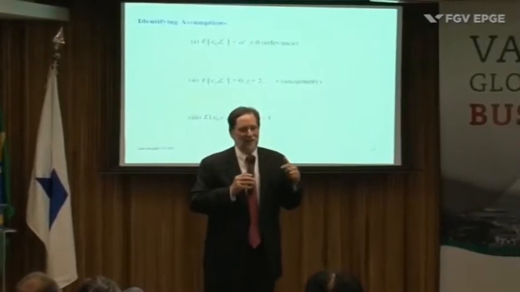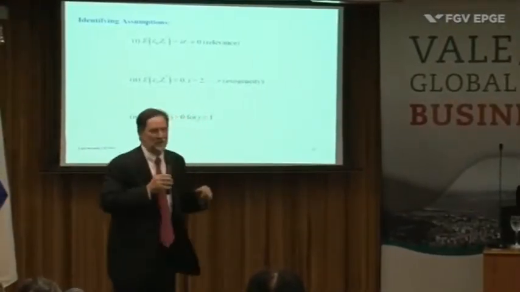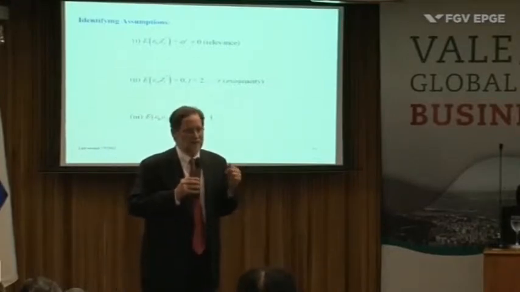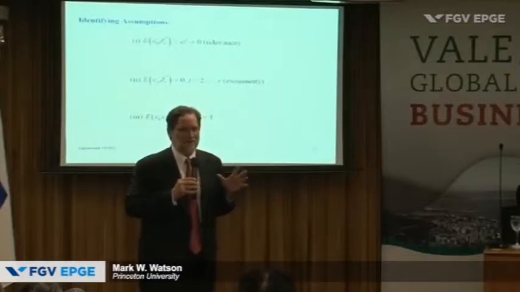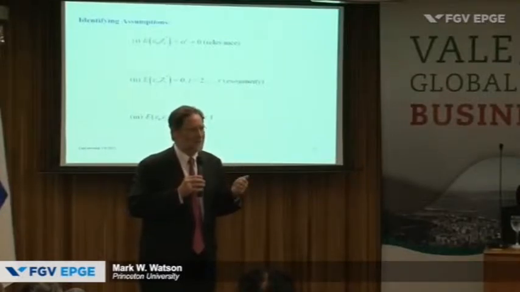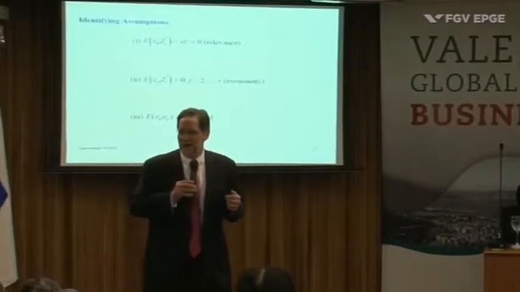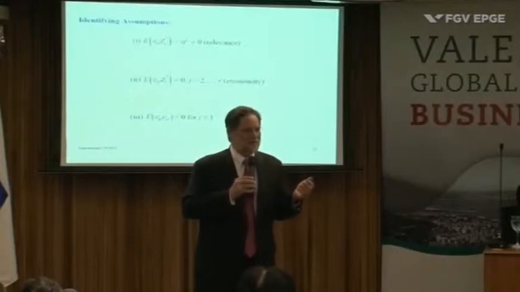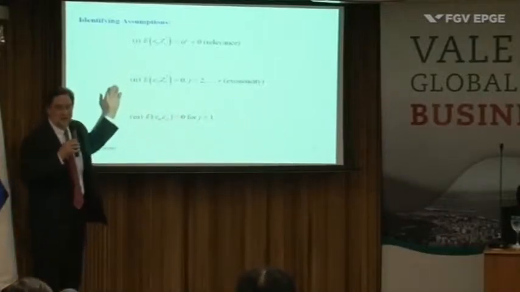And everyone here in Brazil knows that, because I looked up before I came here, for some reason, I've sold 50,000 copies of this Stock Watson textbook translated into Portuguese. Everyone in Brazil owns a copy of this book, so everyone knows these equations.